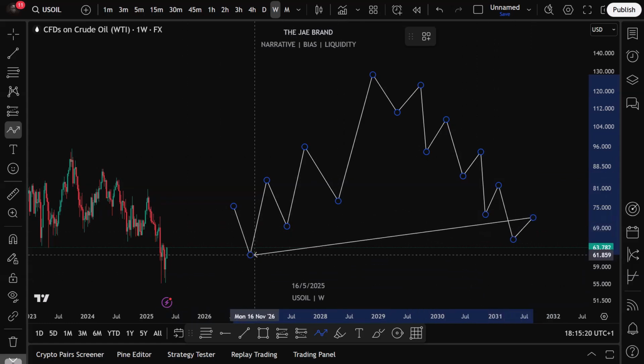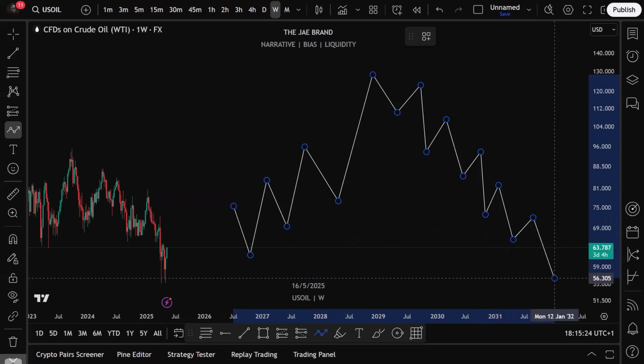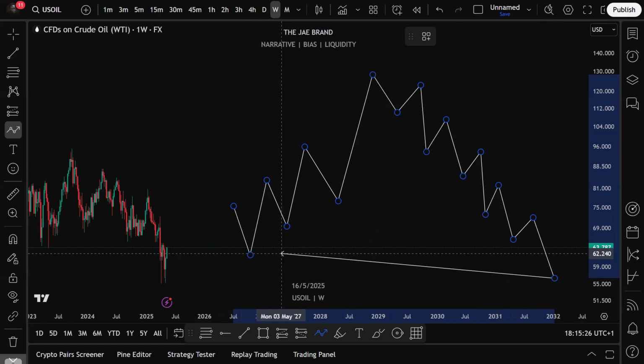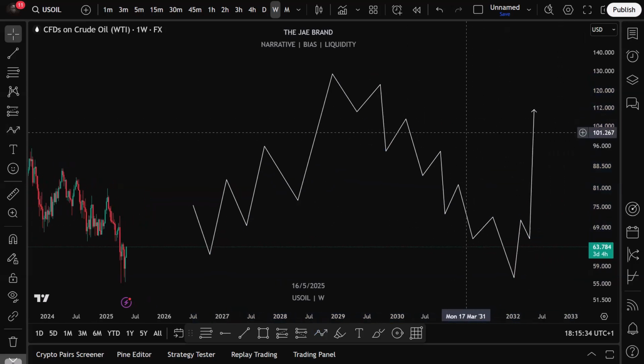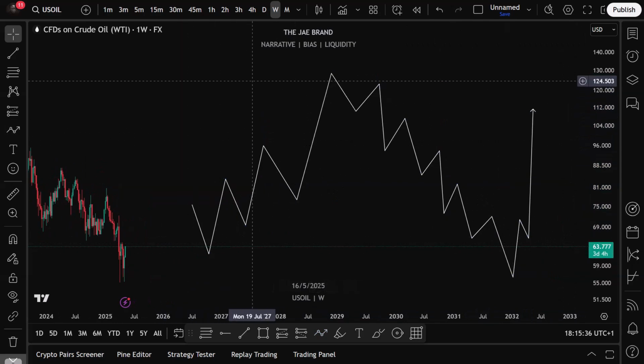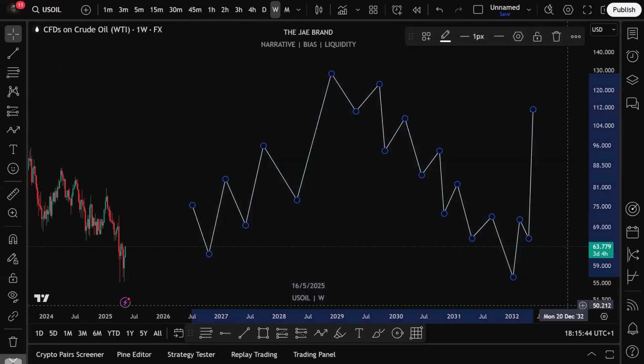This other block, this demand zone that is here, price also took it off, and price reclaimed this demand zone. So that was how I started my analysis. That was what I saw that gave me the confidence to see how price would react on the lower time frame, and then I pulled the trigger.